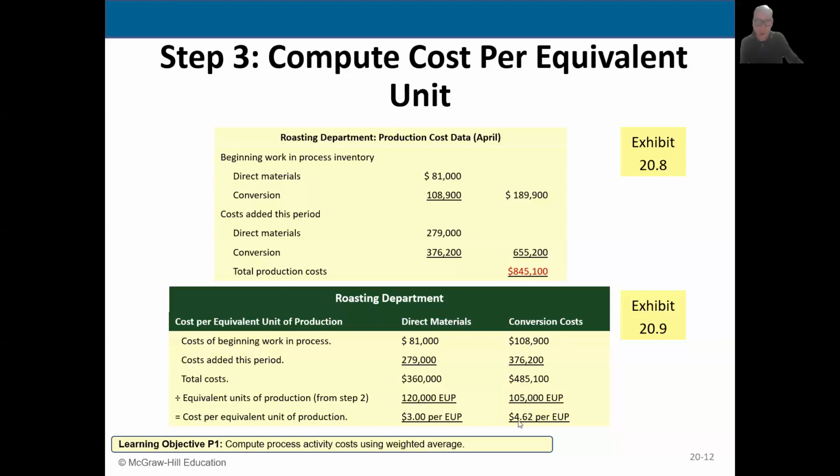This gives us conversion costs of $4.62 per unit. Okay, and of course we would add the two together to get the total equivalent cost per unit.